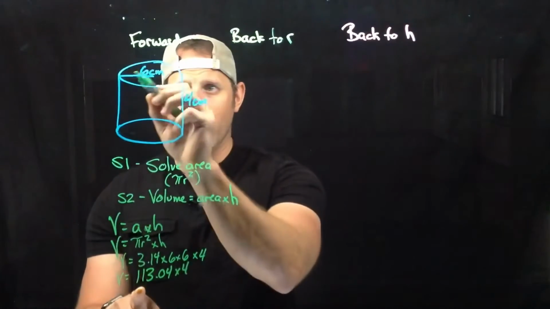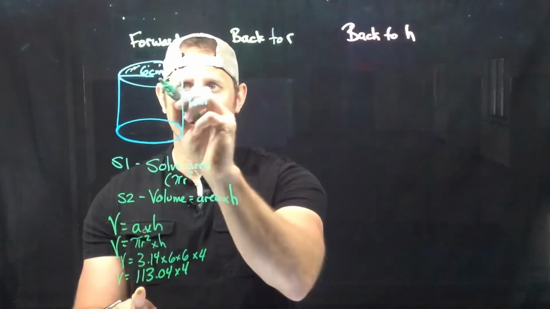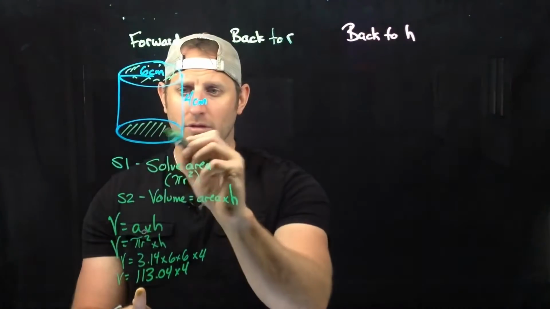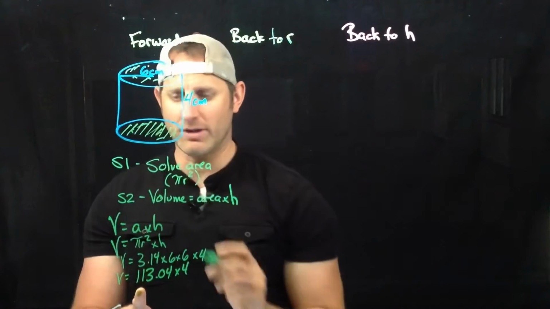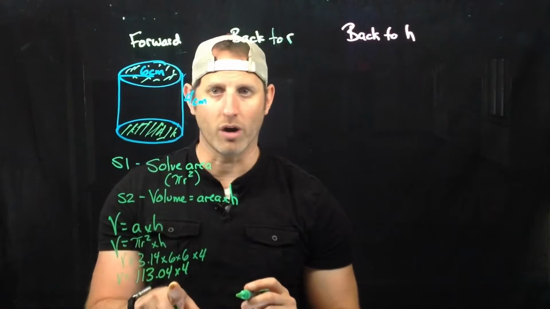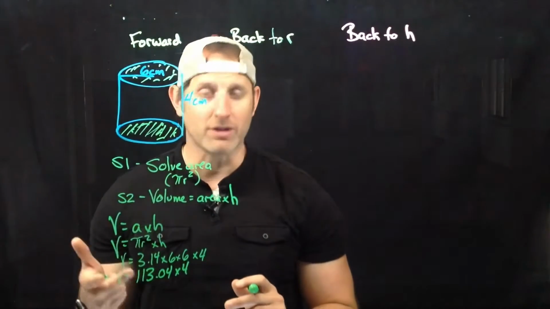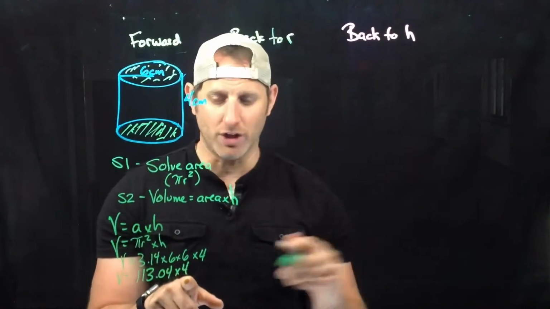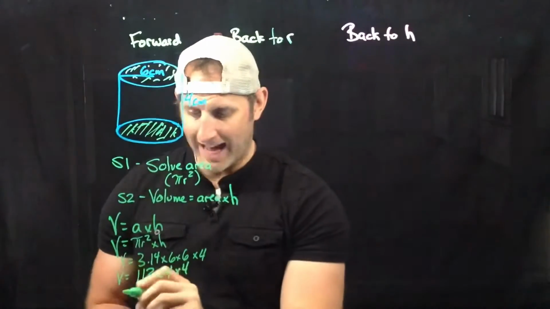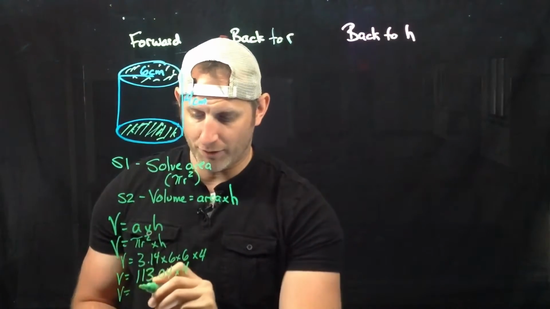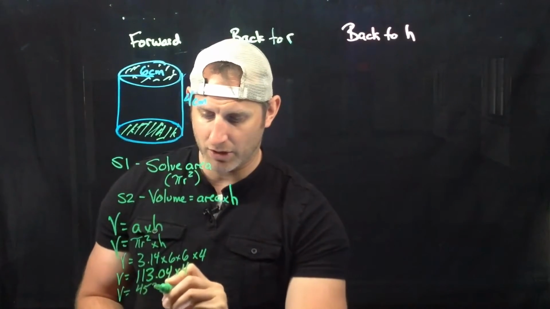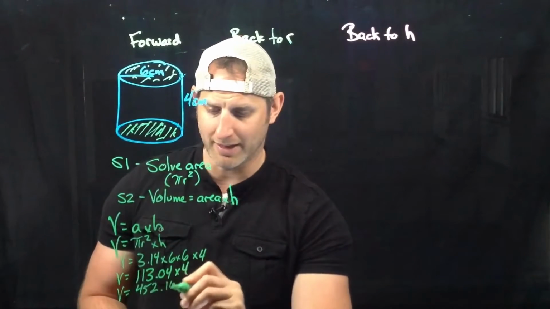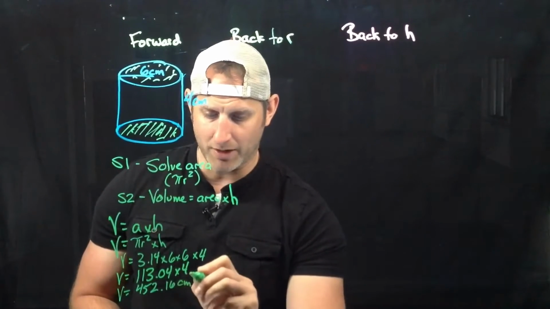The area of one circle is 113.04 centimeters squared, times this third dimension, which is the height. That's going to give us a volume of 452.16, I think, and that will be centimeters cubed.